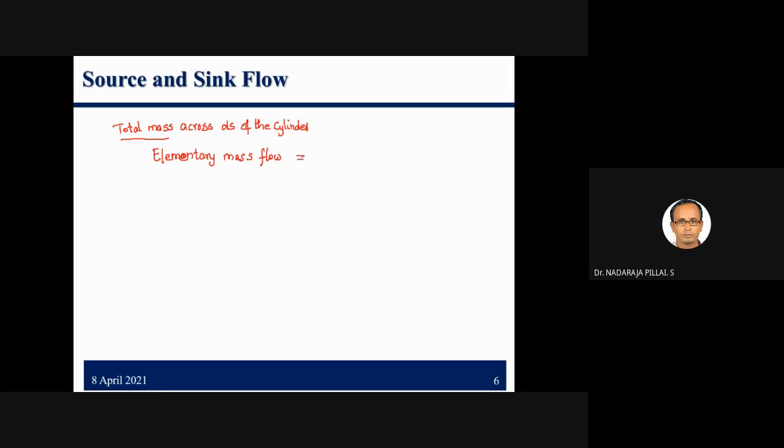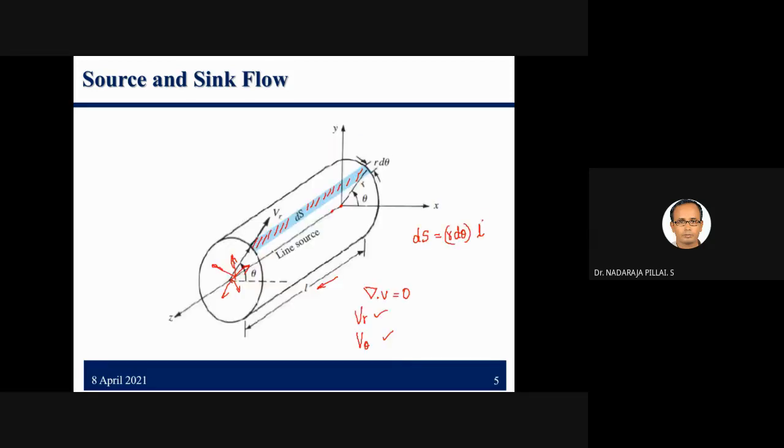We can write it as rho A Vr, where Vr is the velocity in the radial direction and A is the area. The area we know is R d theta into L.